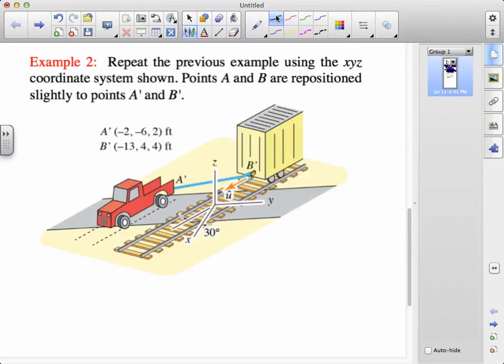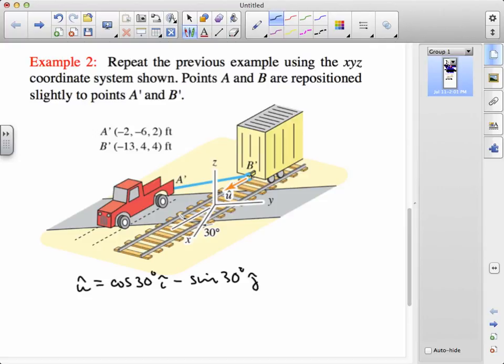Let's now return to our second example and the rotated coordinate system. The unit vector along the train tracks is defined in terms of the rotated coordinate system by u equals cosine 30 degrees in i minus sine of 30 degrees in j.